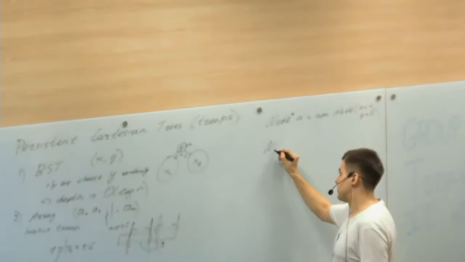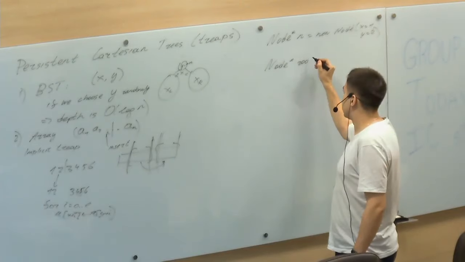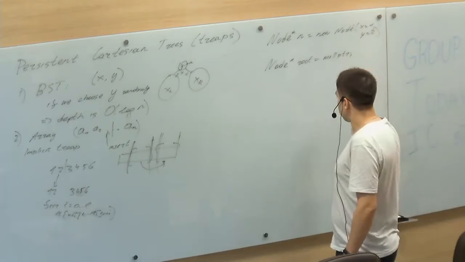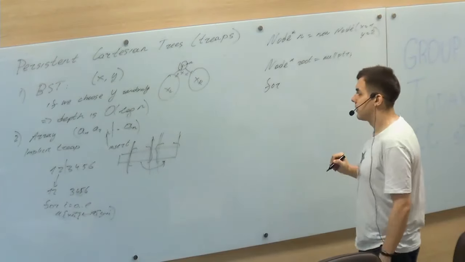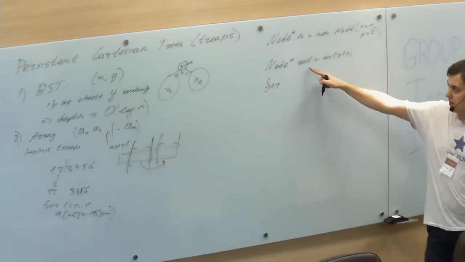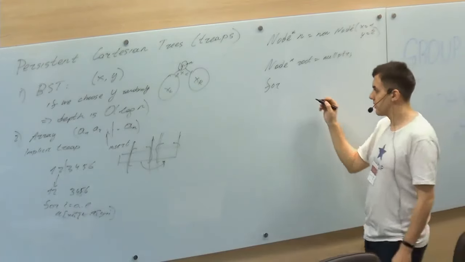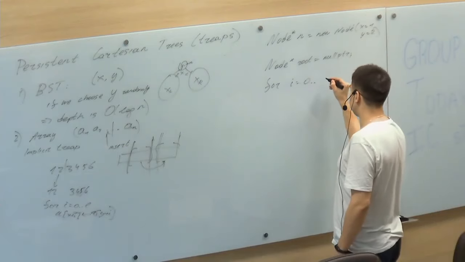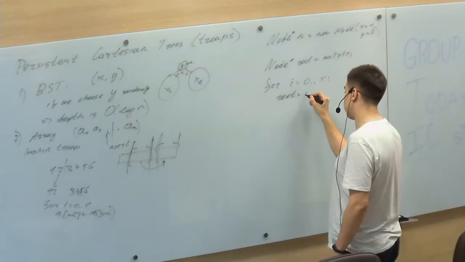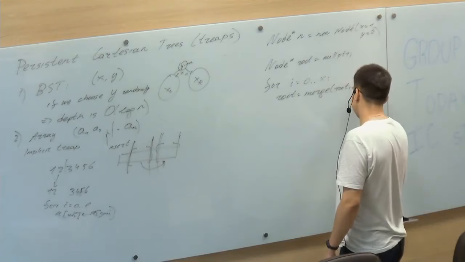Let's look at the following code. Node root will be initially null. And then some number of times, from 0 to x, we will merge the current root with this node n, setting root to be merged with n.